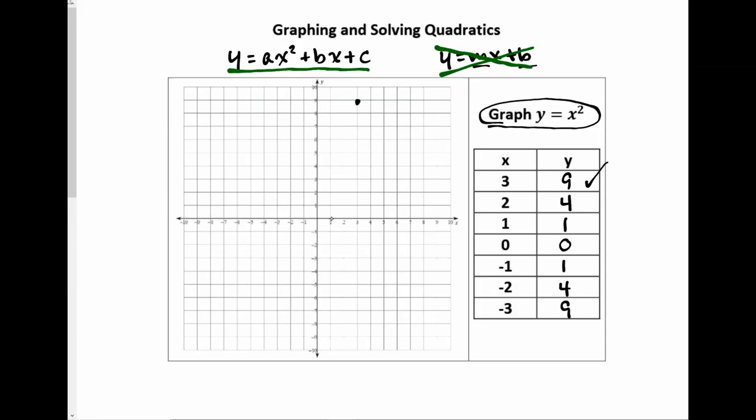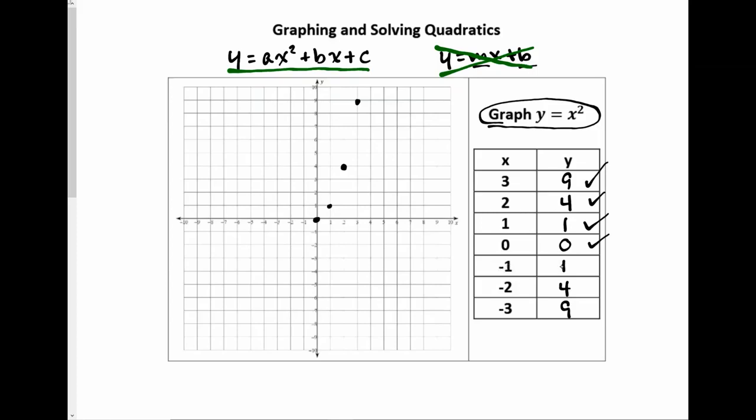So I go over 2 and up 4. There's the second point. Now 1, 1. I'm going to go over to the 1 and up 1. There's the third point. Then I have 0, 0. 0, 0 is just the origin. So that takes care of that point.